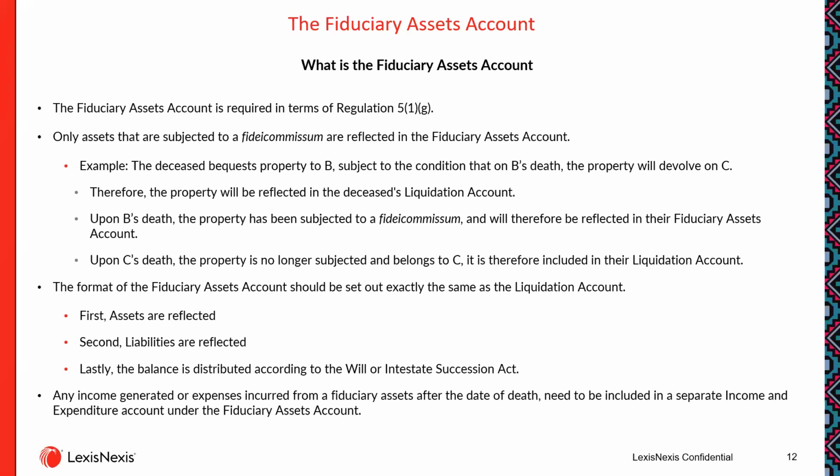Again, any income or expenses generated from our fiduciary assets account will have to be dealt with separately in our fiduciary assets account, because we've already dealt with our income and expenditure now. So we need to include a separate income and expenditure account in our fiduciary assets account that deals only with the income and expenses of our fiduciary assets.